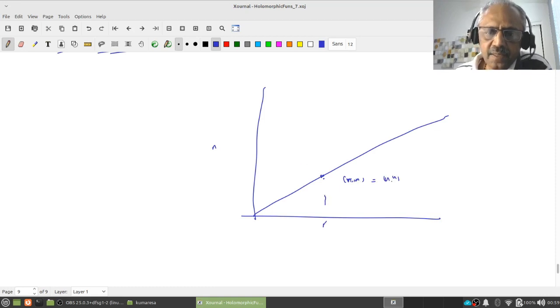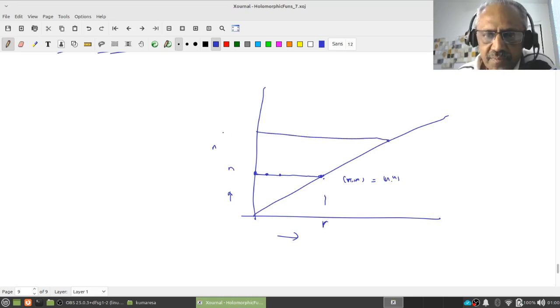What we are doing is, when I fix an n, I run r from 0 to n: r equal to 0, r equal to 1, r equal to 2, up to r equal to n, and for different n I go like this. This is another n: r equal to 0, r equal to 1, r equal to 2, up to r equal to capital N minus 1, r equal to capital N. Do you understand?